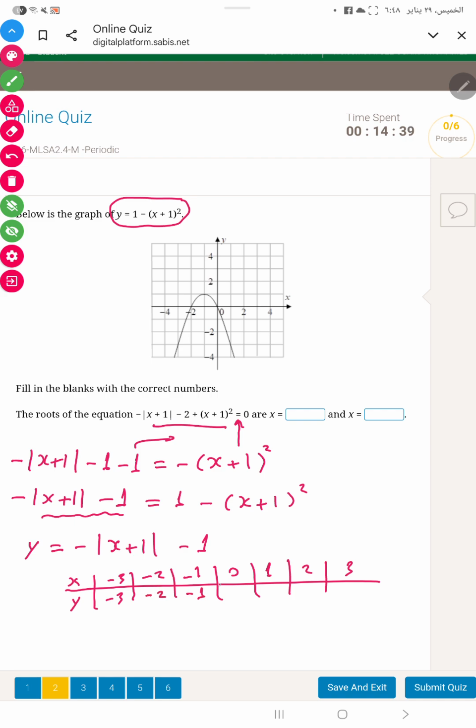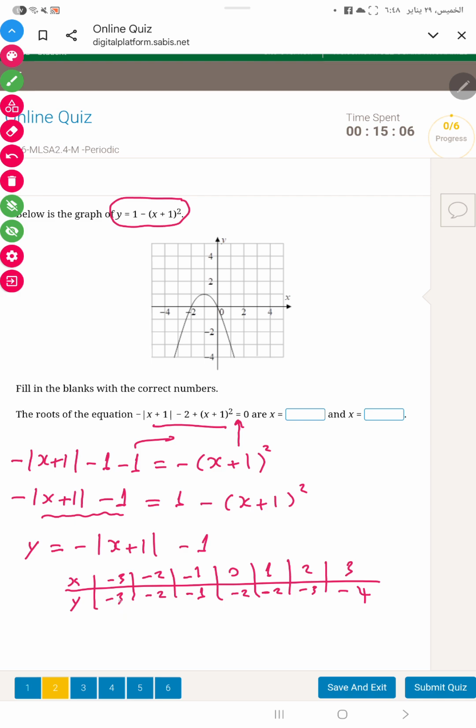When x is 0, you get negative 2 again, and when x is 1, you get negative 2. When x is 2, you get negative 3. When x is 3, you get negative 4.